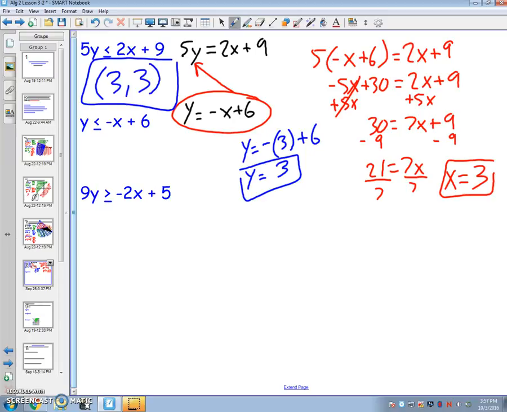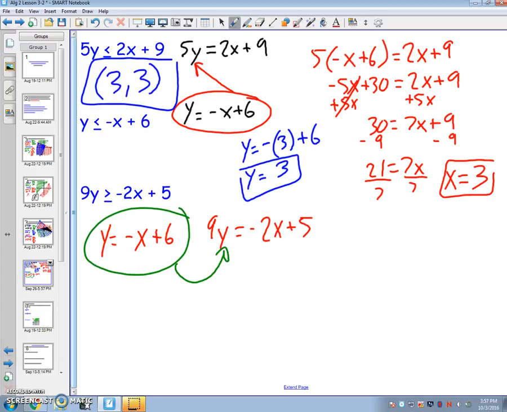I'm going to do the same thing for the second two. So basically, I have, again, my second equation is y equals negative x plus 6. And this other equation, I have 9y equals negative 2x plus 5. I'm going to do substitution. I'm going to plug this y for y right there. I get 9 parentheses negative x plus 6 equals negative 2x plus 5.